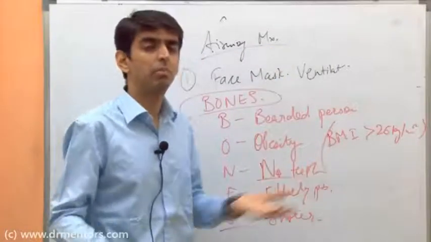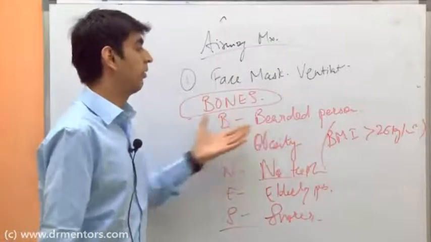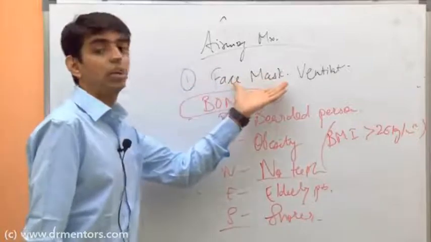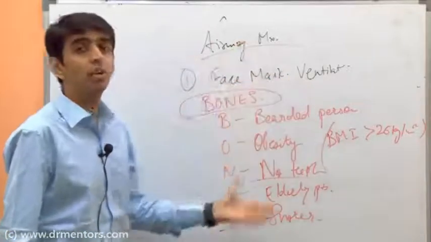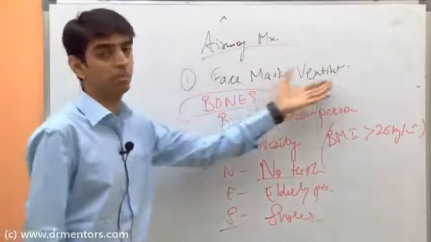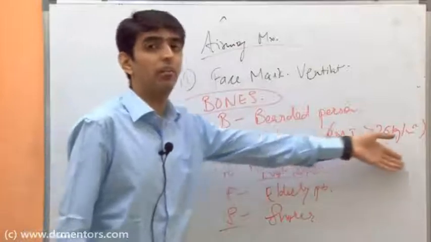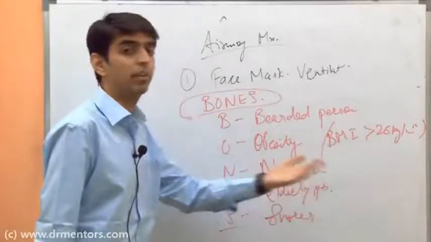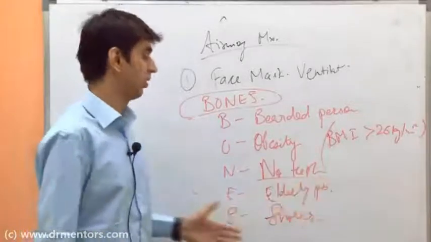These are questions which have been frequently asked in entrance examinations, like which of the following predictors will make a patient difficult for face mask ventilation. Or, which of the following is not a predictor of difficult face mask ventilation? They will give you a bearded person, an obese person with a BMI of 30 kg per meter square, an elderly person, or a person around 20 or 30 years of age.